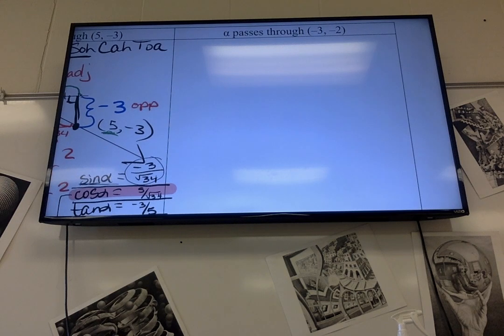All right. Now we're going to pass through the point -3, -2. Actually, I'm going to make this bigger.